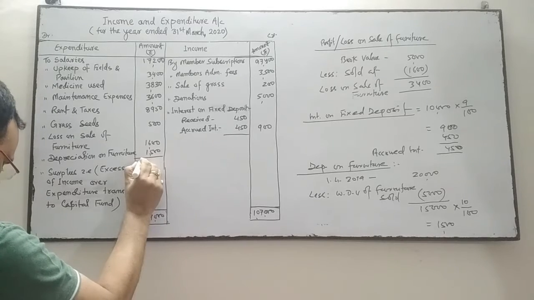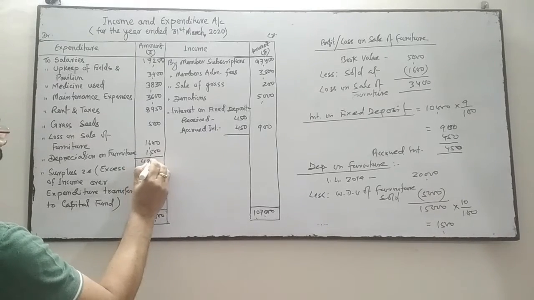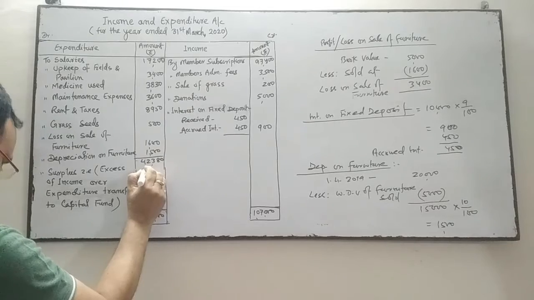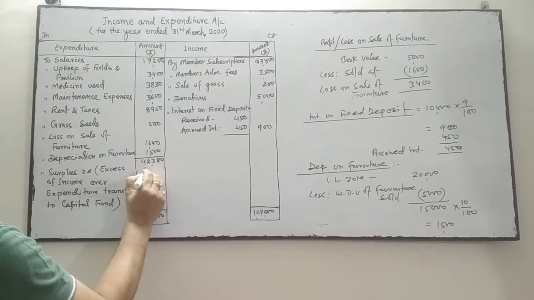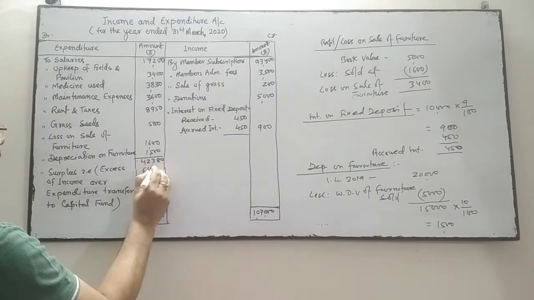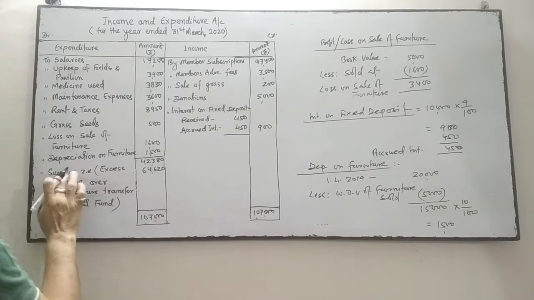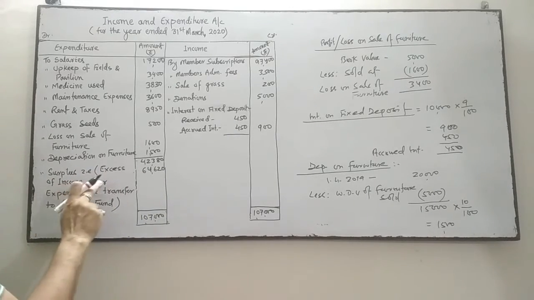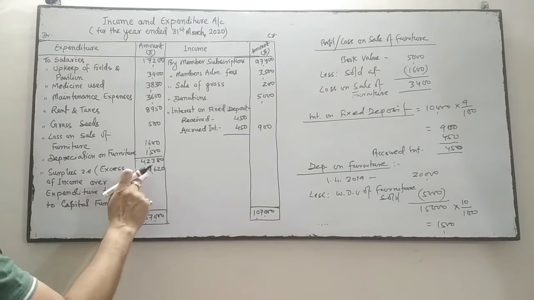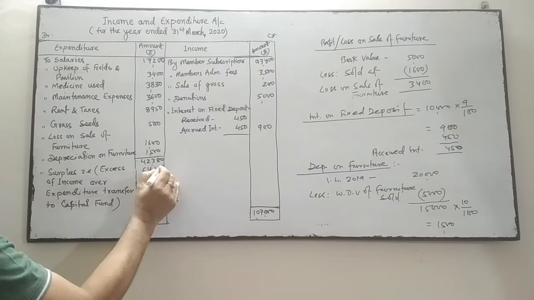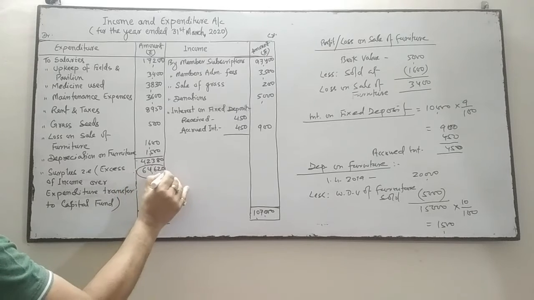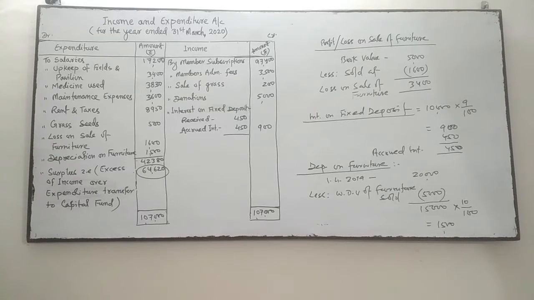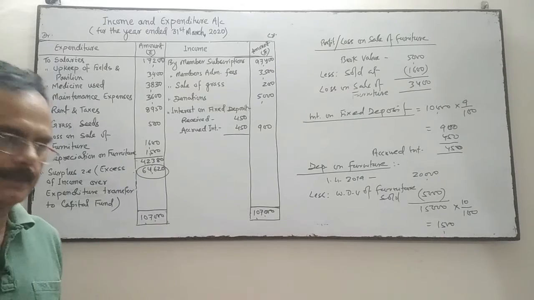Total is 42,380. So the difference amount is 64,620. This is the difference amount: surplus, excess of income over expenditure, transferred to capital fund. This amount will be transferred to the capital fund in the balance sheet liability side.